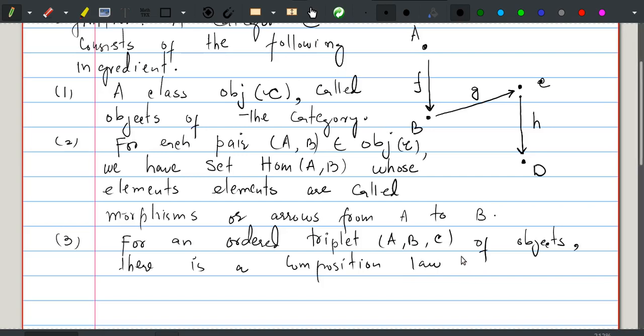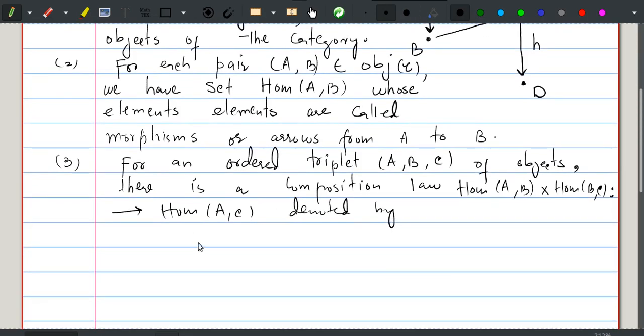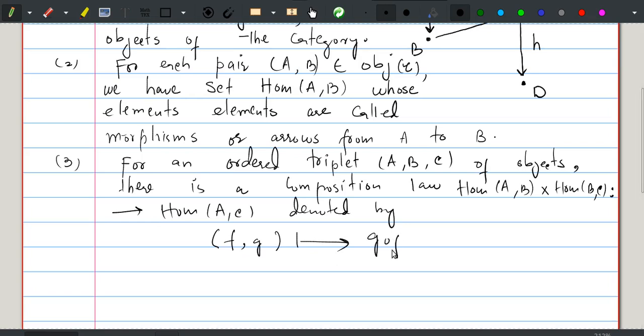That is, hom of A, B times hom of B, C to hom of A, C, denoted by, so if we have this F and G here, it goes to G composite with F.